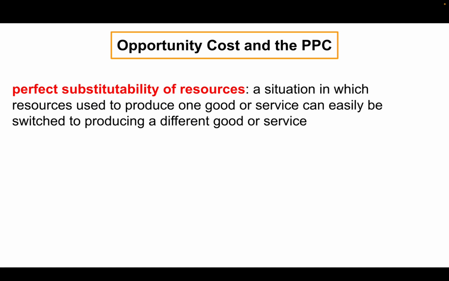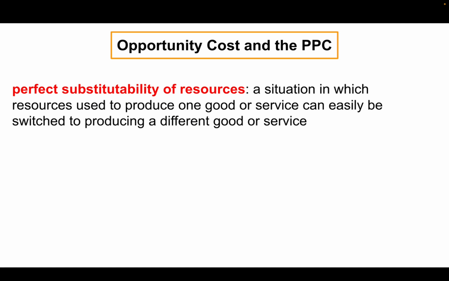I can just change the recipe a little bit. I have a lot of the same ingredients. It's pretty easy to do that. And so that's why you get a linear PPC because the cost of moving from one cookie to the other is pretty minimal and it's going to be pretty constant.